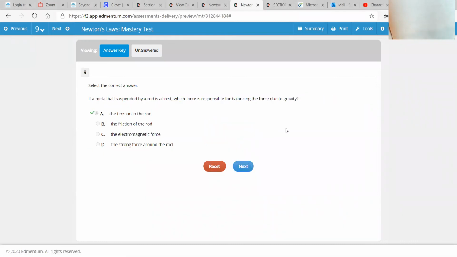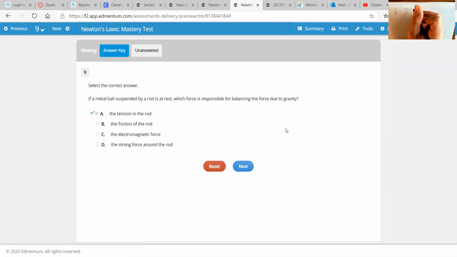If a metal ball suspended by a rod is at rest, which force is responsible for balancing the force due to gravity? So let's draw that out. So we know it's at rest. So it's in equilibrium.